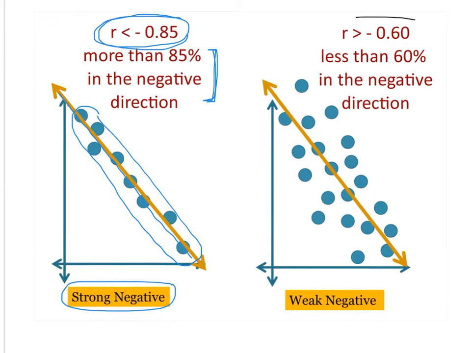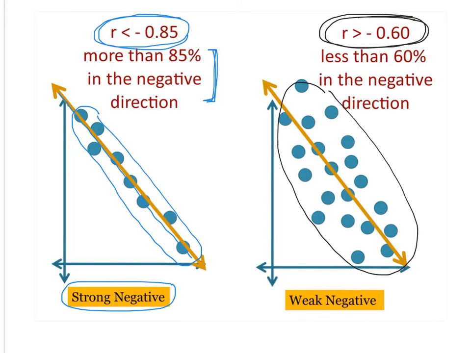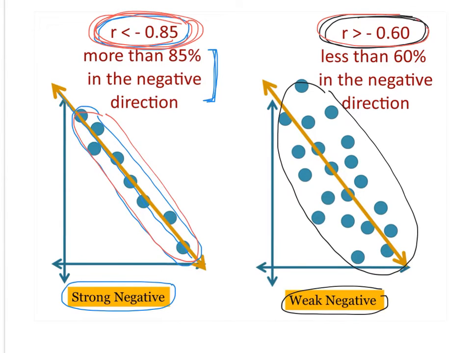If I'm greater than -0.60, or if I'm less than 60% in the negative direction, if I'm a negative number close to 0, then it's a weak negative correlation. And once again, anything in between these, so something in the -0.7s, that would be moderate. So if I'm in between those values, I'm moderate. If I'm closer to -1, I'm stronger. If I'm less than 0.6 in magnitude, I'm weaker.